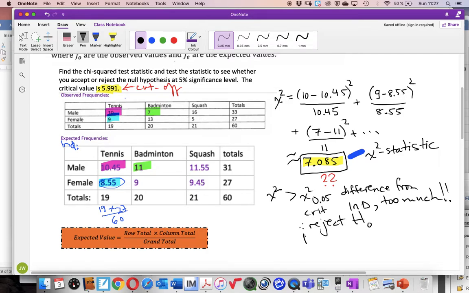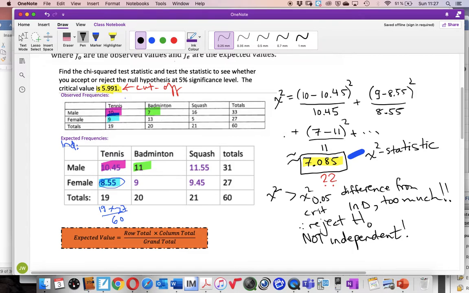So the values are way off. The preferences given for the sport between the genders are thrown off. They're not balanced, and so they must not be independent. So probably the sport that is preferred is somewhat dependent on the gender of the person.